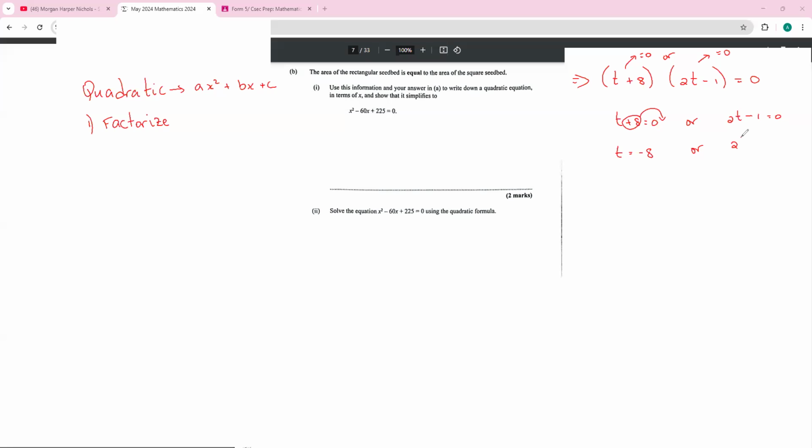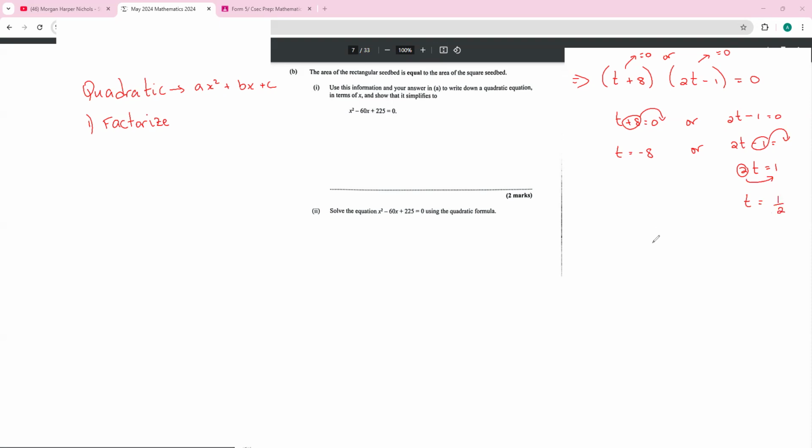Or, you're basically just solving each of them. When I carry this across, it was minus, and so becomes add. Or bracket 1. This was multiplying, so when it goes across, it becomes dividing.